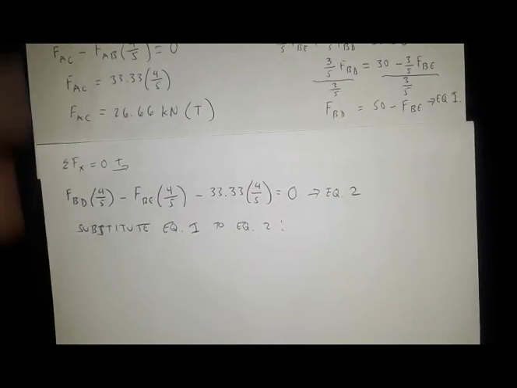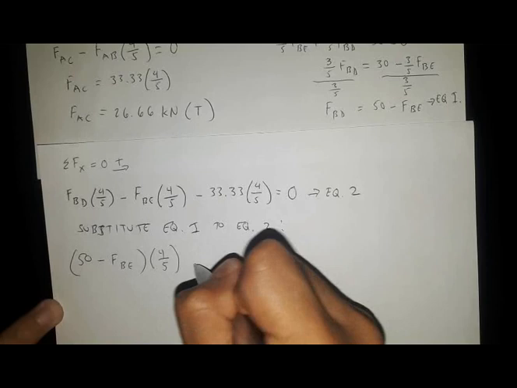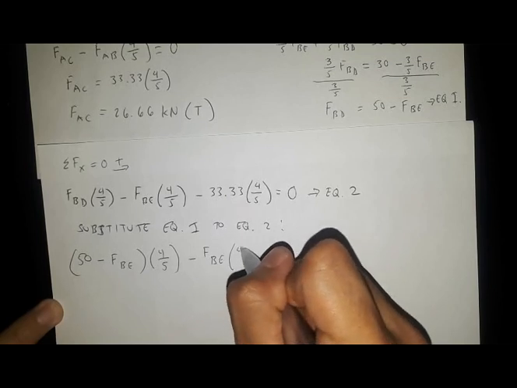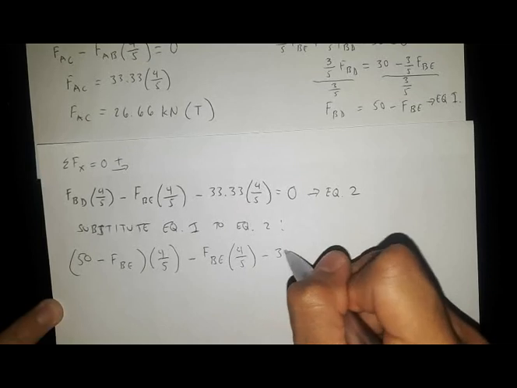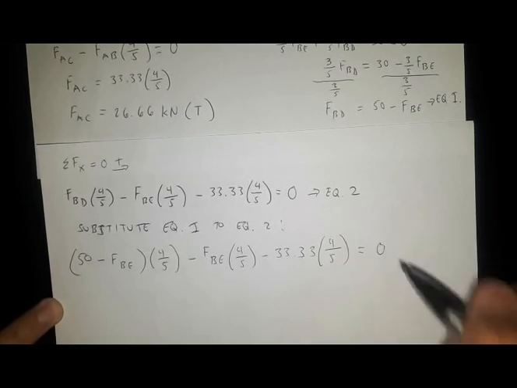So substitute equation 1 to equation 2. We have FBD is equal to 50 minus FBE times 4/5 minus FBE times 4/5 minus 33.33 times 4/5 equals 0.